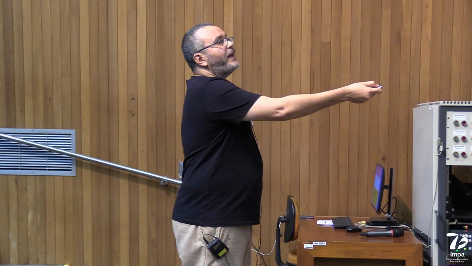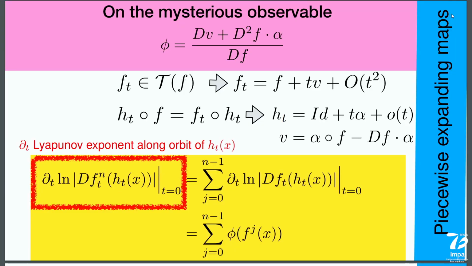So suppose that X is a periodic point, for instance, and you have the analytic continuation of this periodic point, and you can calculate the Lyapunov exponent of this orbit. When you differentiate this with respect to t, what you get is exactly the Birkhoff sum of this observable here. So this observable is telling you how the geometry of the map changes along the family. Okay? How the Lyapunov exponents of the invariant measures change, and so on and so forth.